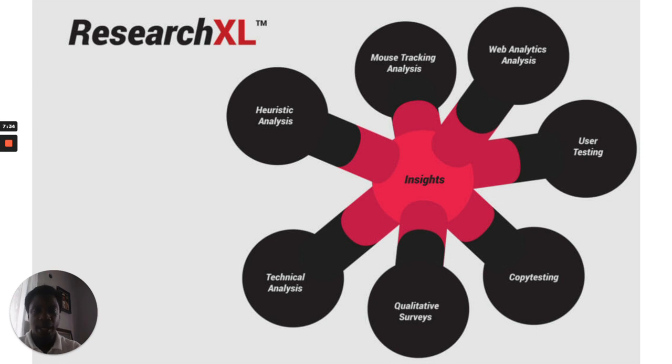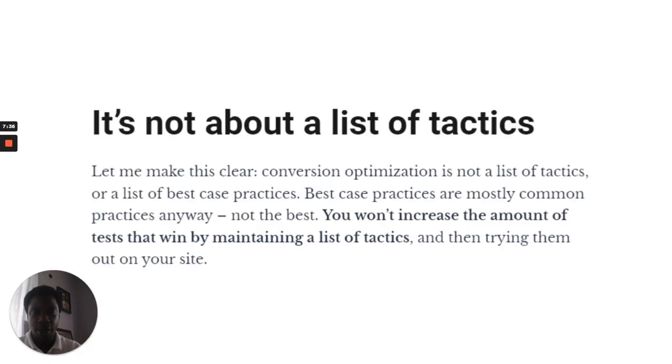We go right into it very quickly. Remember, this is not about a list of tactics. You're not trying to look for a list of tactics. Conversion optimization is not a list of best practices, like 'this is what works within the industry, this is what works within fintech.' No, your business is unique. Best practices are most commonly just common practices anyway, not the best.